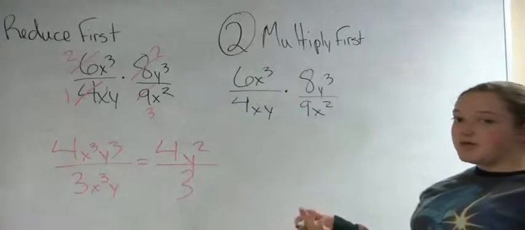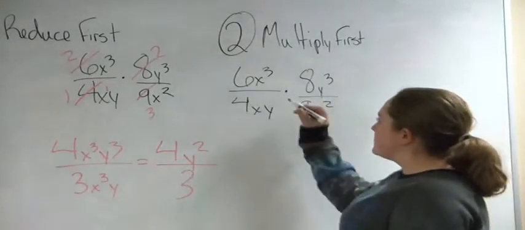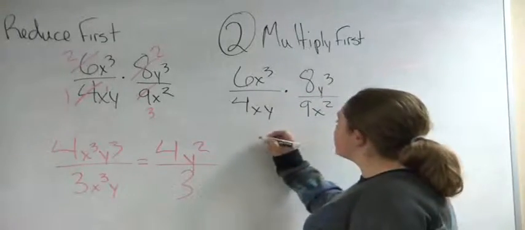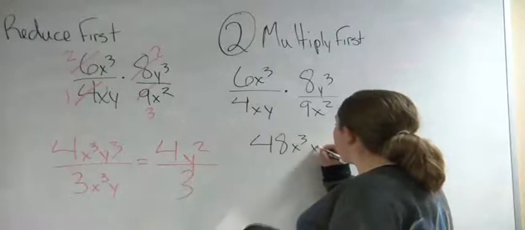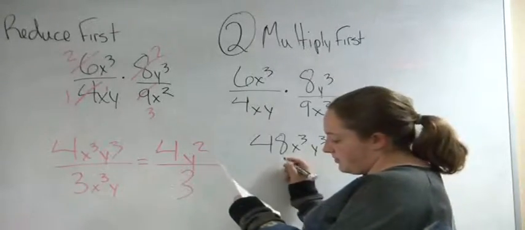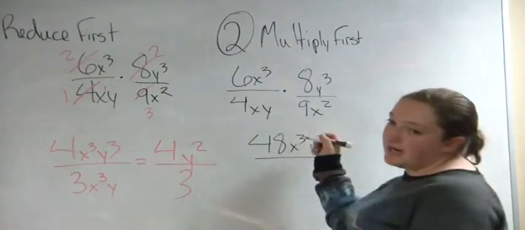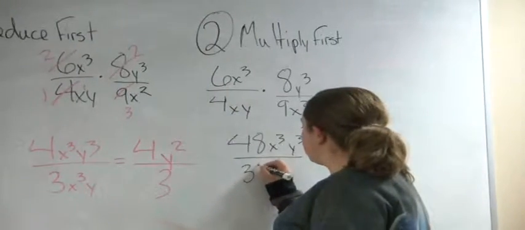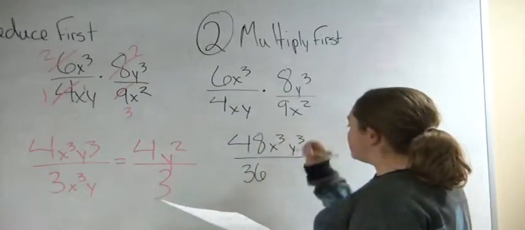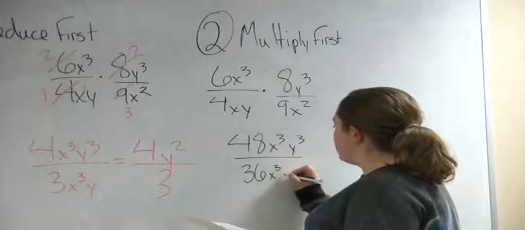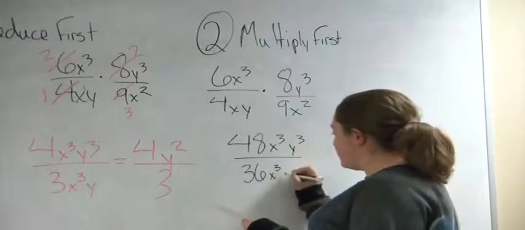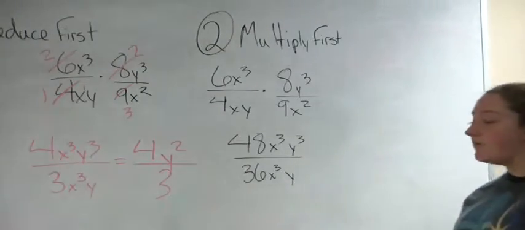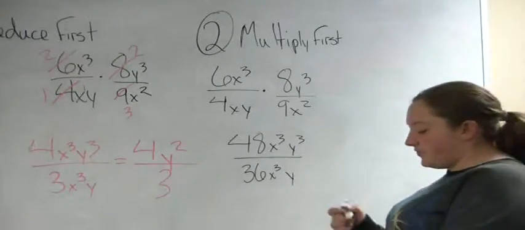So I'm going to multiply these across first. So 6 times 8 is 48, x cubed, y cubed. And 4 times 9 is 36, x cubed, y. Now, we're going to simply reduce from here.